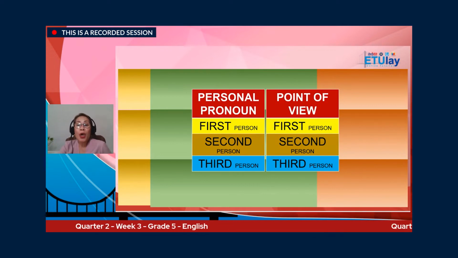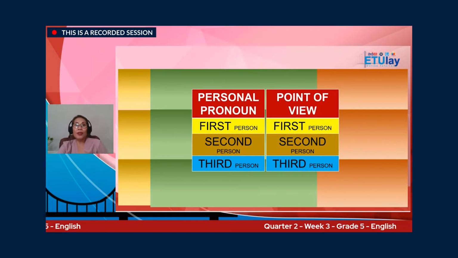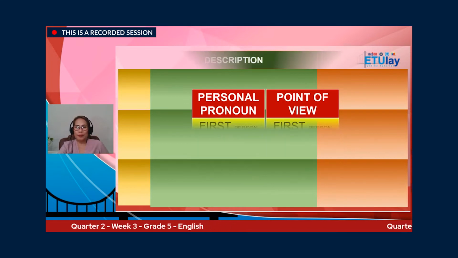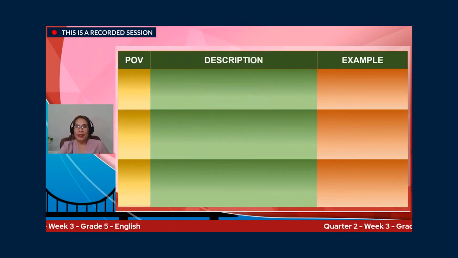Yes. Now that you have finished learning about this, let's try to have the description or the definition of each point of view. Okay, so let's have the first person.